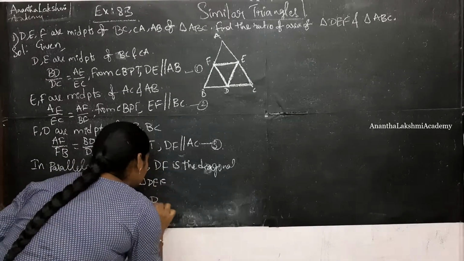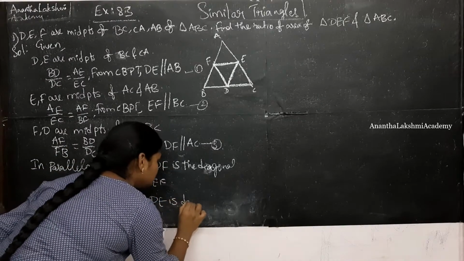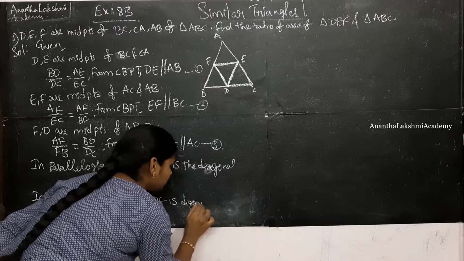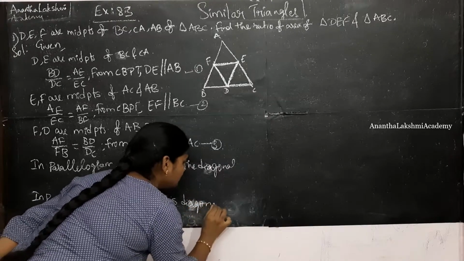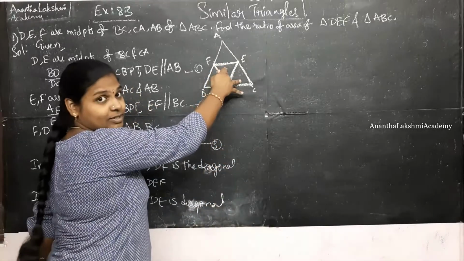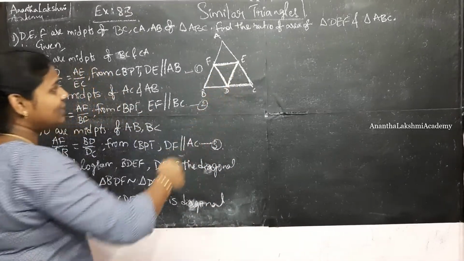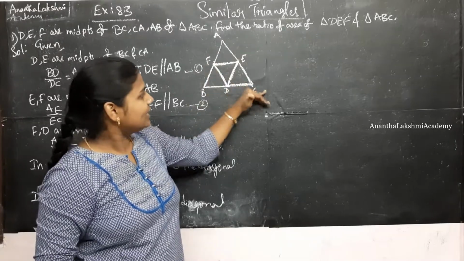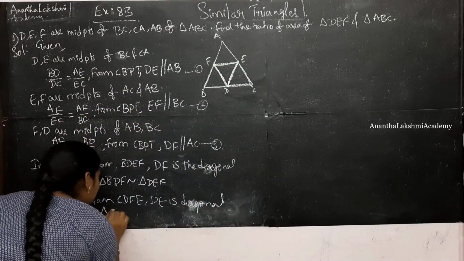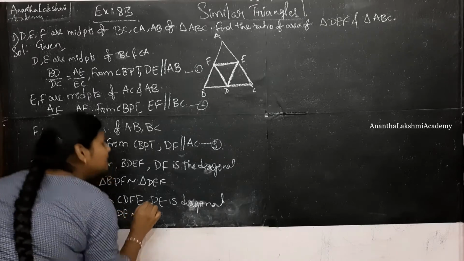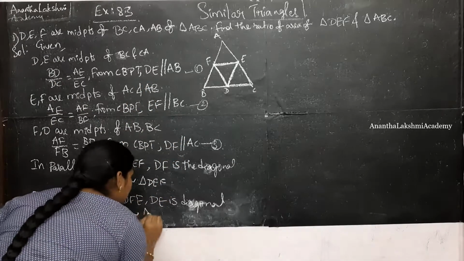DE is the diagonal, which divides the parallelogram into two triangles, which is nothing but triangle DEF and triangle CDE. So from here we can write triangle CDE is similar to triangle DEF.